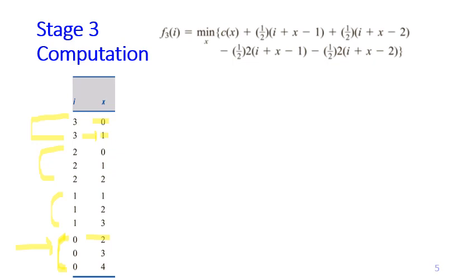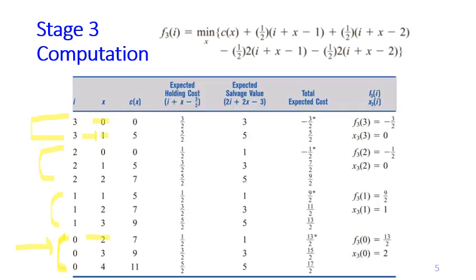So at least you must produce 2 units. And at most, you produce 4 units because I believe that is the maximum production capacity in this problem. Okay, so that's how you decide what the possible decisions are with respect to each value of the beginning inventory.